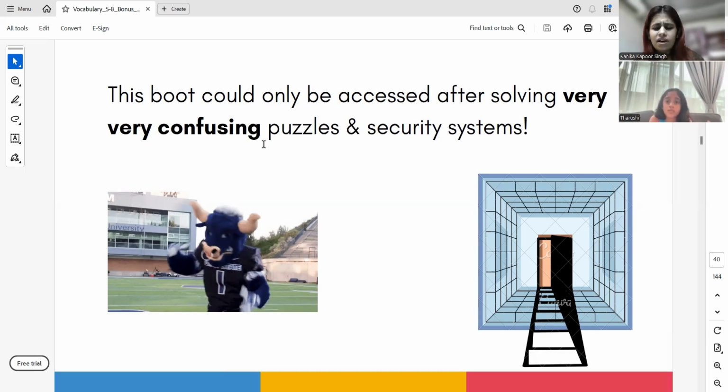Tharushi, have you ever opened a secret room? No. Have you ever solved any puzzle that is very, very confusing? I have solved puzzles, but they're not very, very confusing. Oh, great. That means you're very, very sharp.